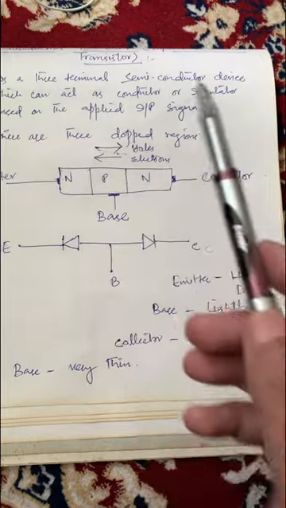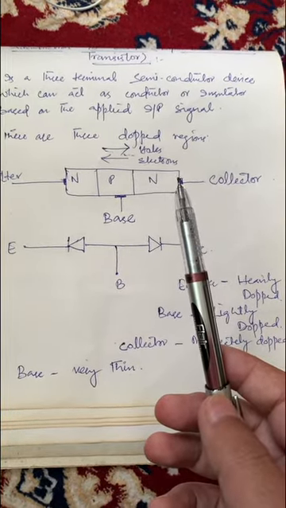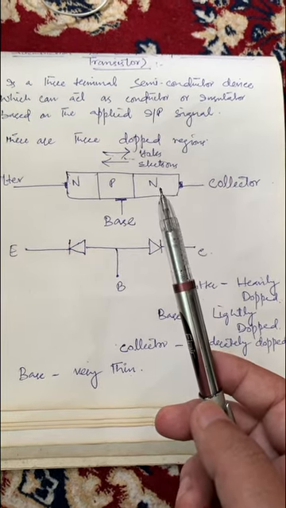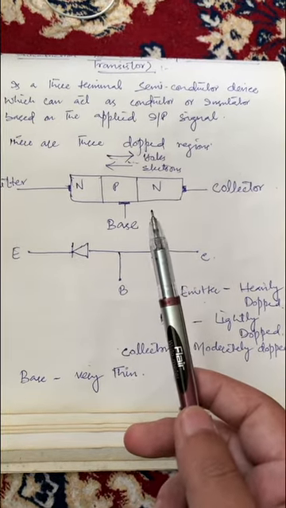Look, there is a lot of confusion among students about what bipolar and bidirectional mean. They consider both the same, but there is a difference between a bipolar and a bidirectional device.